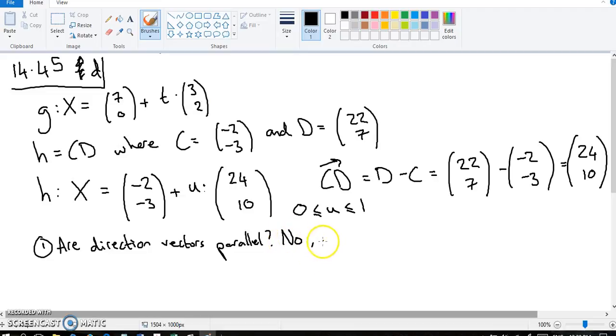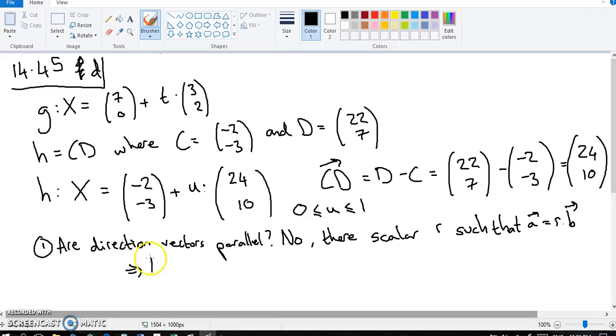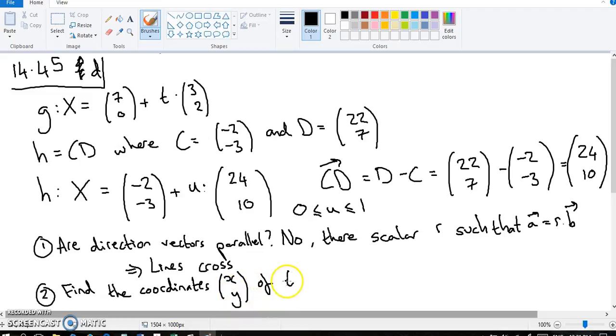So no. There is no scalar r such that A is equal to r times B. This must mean the lines cross. And to show where the lines cross, I just need to find the coordinates x and y of the point of intersection.